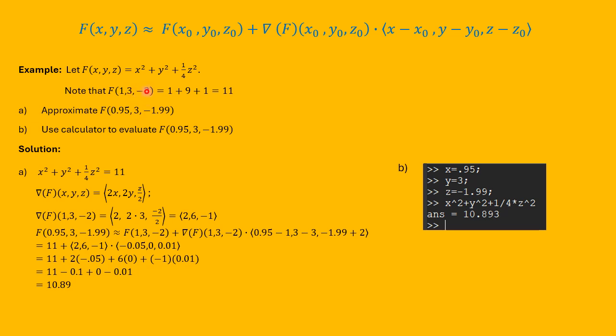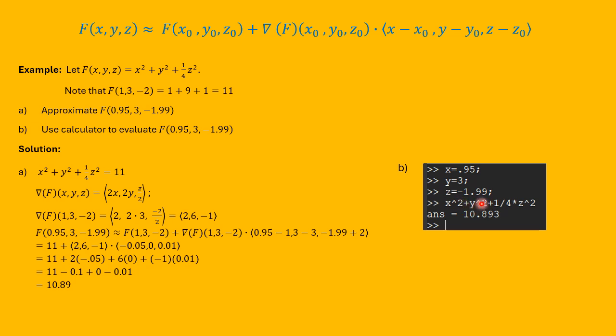And instead of minus 2 here, we had minus 1.99. So these values of x, y, and z are very close to the values of x, y, and z we have here. And so we would expect our answer to be pretty close to 11. And we got 10.89, which is pretty close to 11. Our exact calculation, 10.893, obviously is even closer to 11.